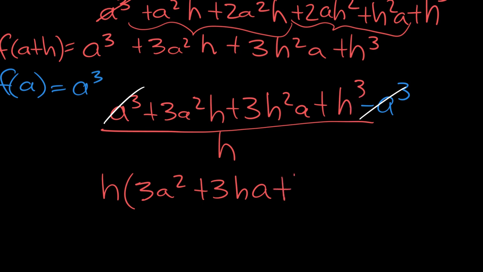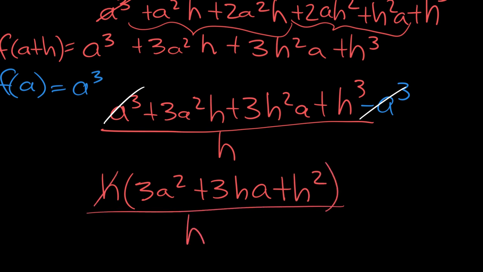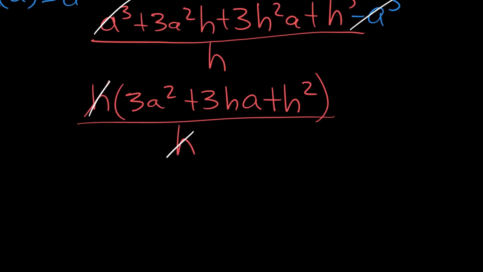So plus h squared, all over h. So these h's will cancel. I'll put this white cancel here. And we should be left with, finally, let's put it in red, 3a squared plus 3ha plus h squared.